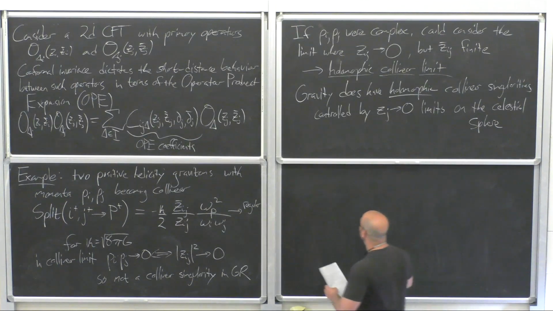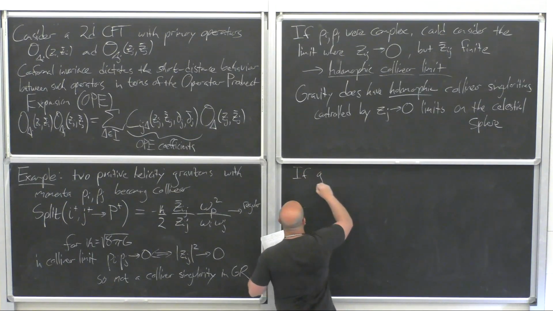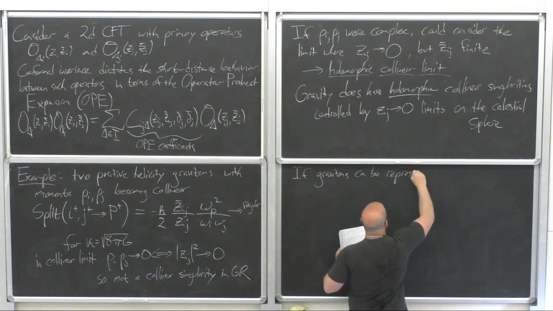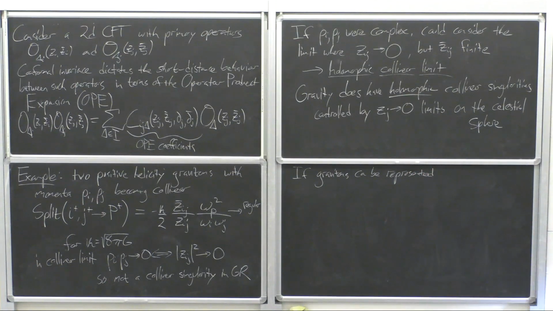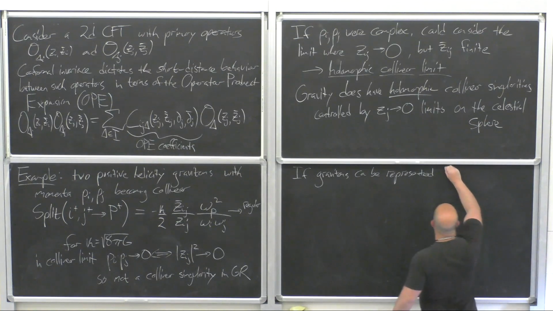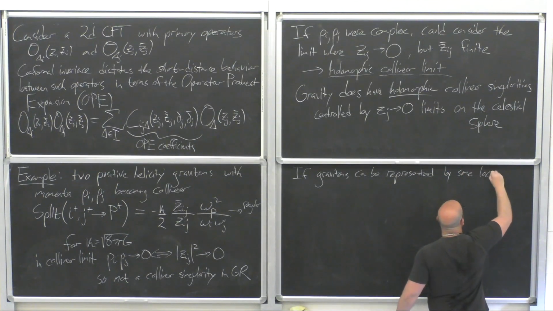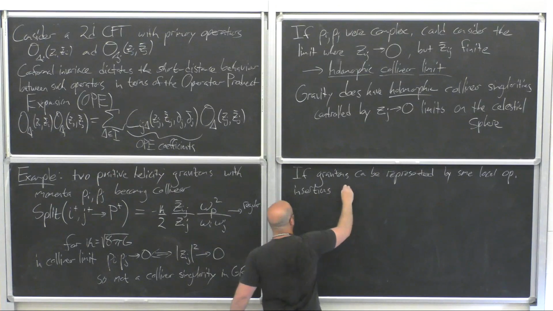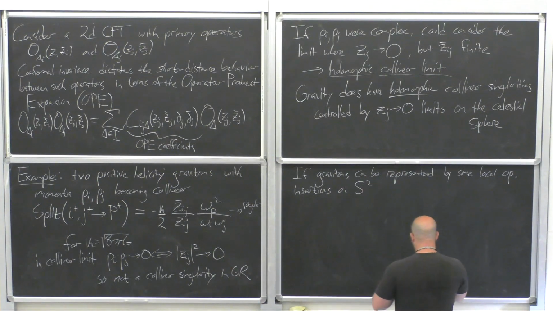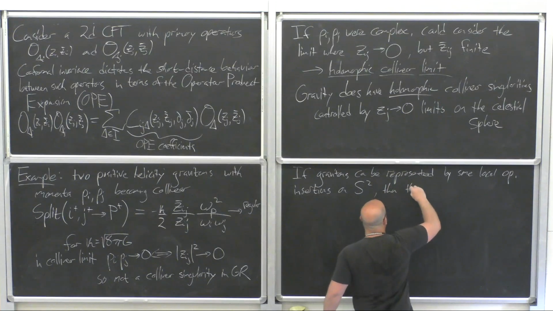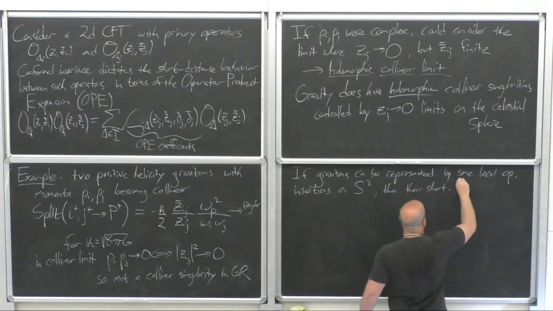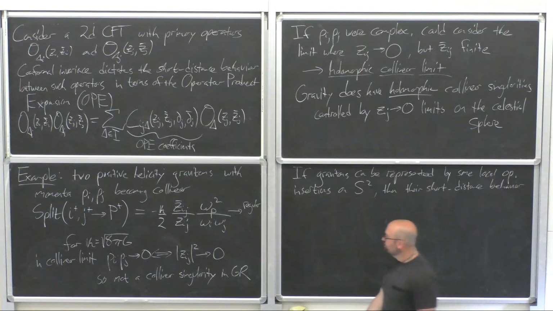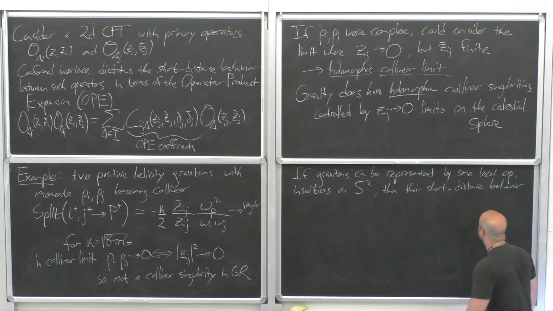So if gravitons could be represented by some local operator insertions on the celestial sphere, then their short distance behavior would be governed by an operator product expansion.